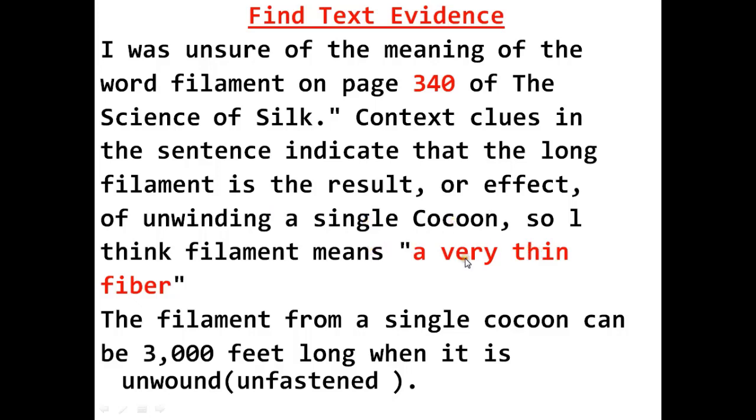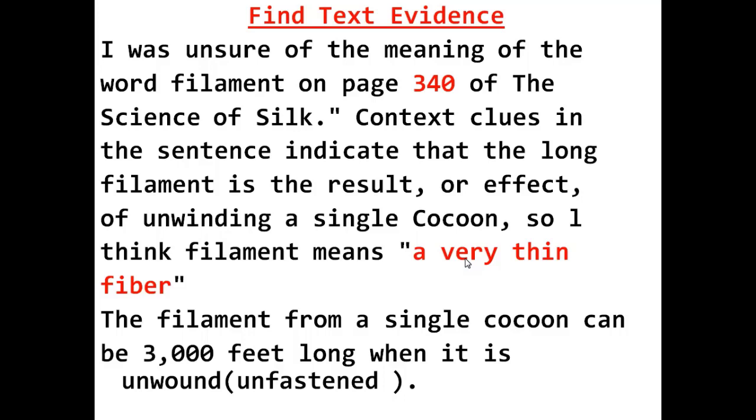So I think filament means a very thin fiber. The filament from a single cocoon can be 3,000 feet long when it is unwound, meaning unfastened. So you can imagine how capable they are of making this silk.